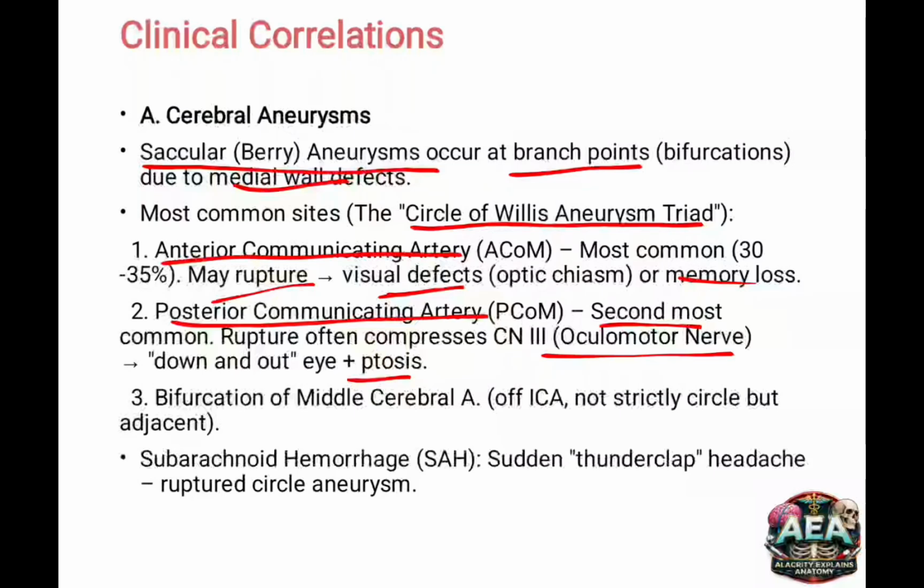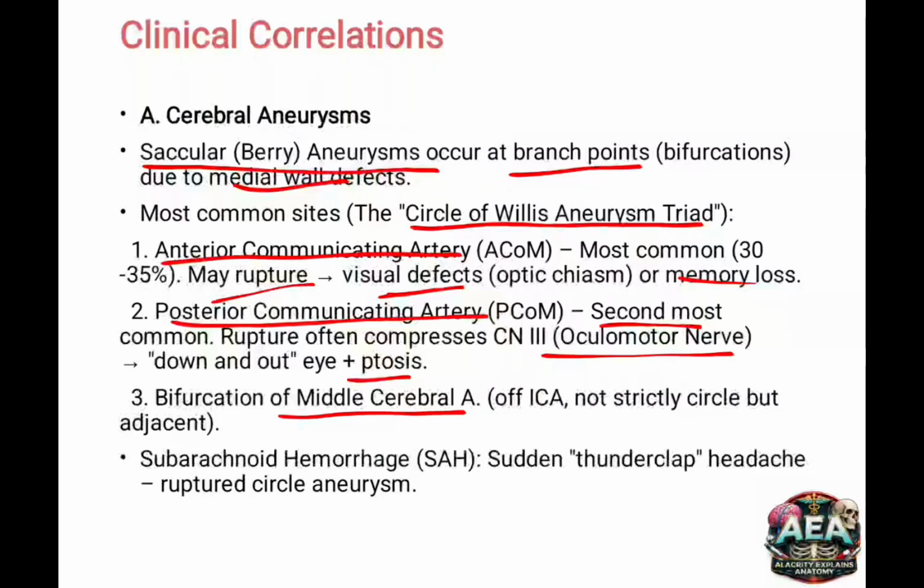Then the third most common site is the bifurcation of the middle cerebral artery off the internal carotid artery. Remember, the middle cerebral artery is not strictly part of the circle, but is adjacent to it, and is the third most common site for cerebral aneurysms.